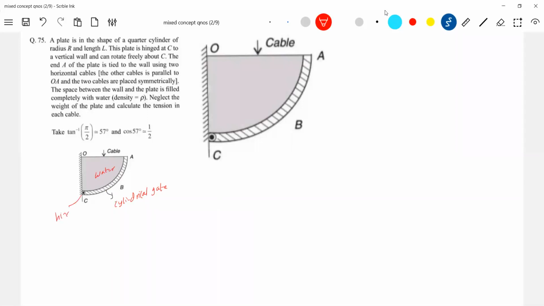First have clarity of the diagram. What should be the tension in the cable? There are two cables, but only one cable is visible. Am I right? So the diagram would have been like this.